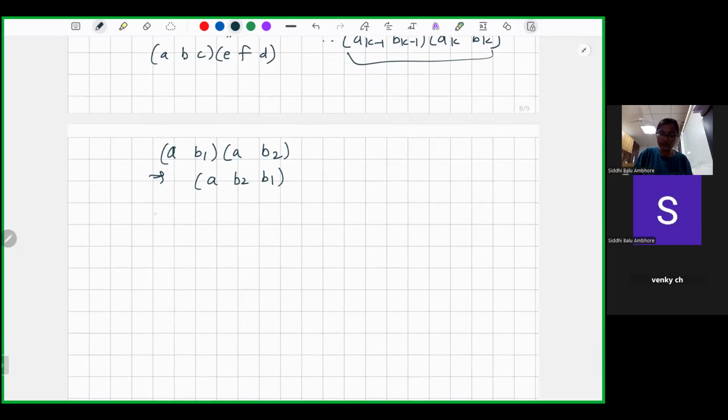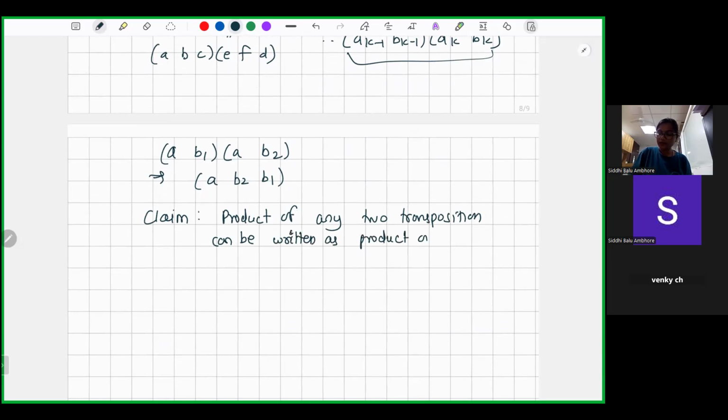So we claim that the product of any two transpositions can be written as a product of 3 cycles.